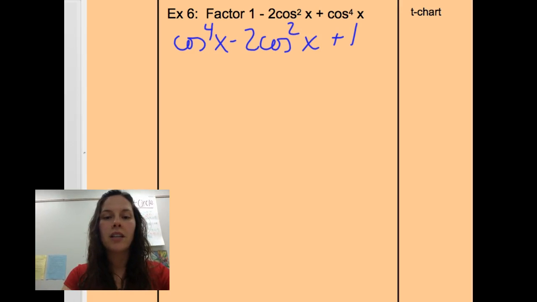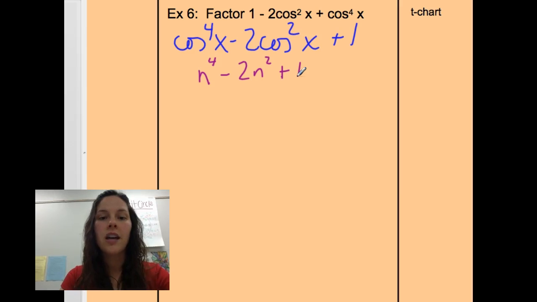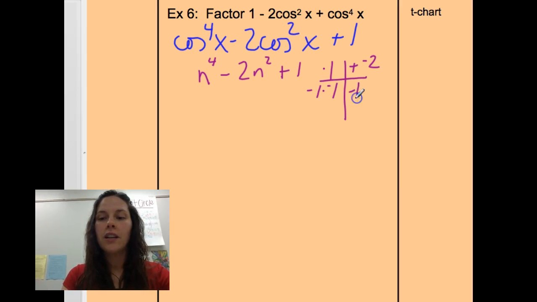So if we had something like n to the fourth minus 2n squared plus 1, we would use t-chart on this because that fourth power is twice as big as the second power. Remember, t-chart, we're thinking about what's multiplying to 1 and adding to negative 2. Well, that would be negative 1 times negative 1 and negative 1 plus negative 1. So we're going to use that same principle when we factor our cosine.